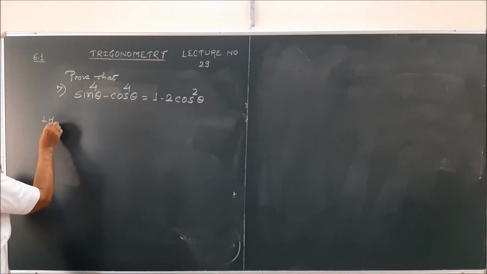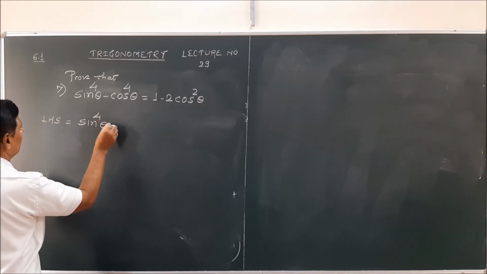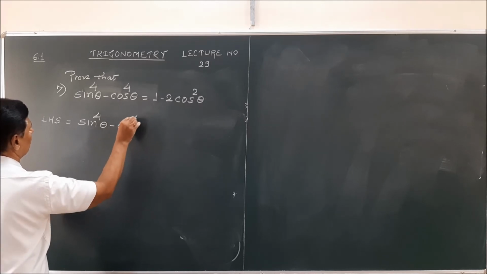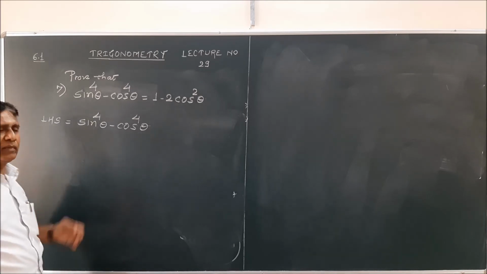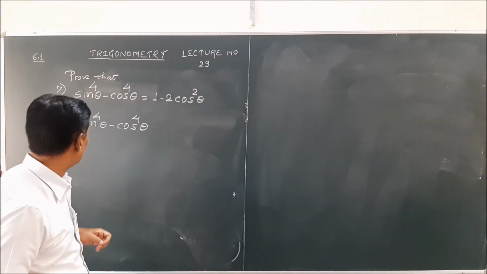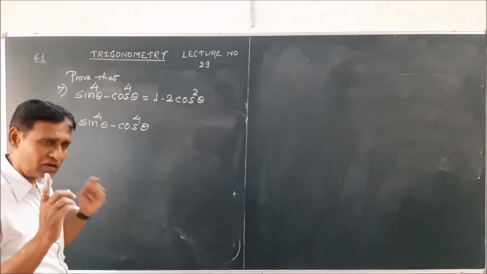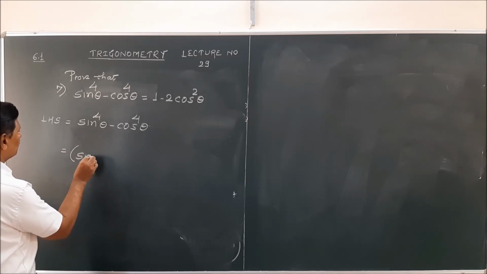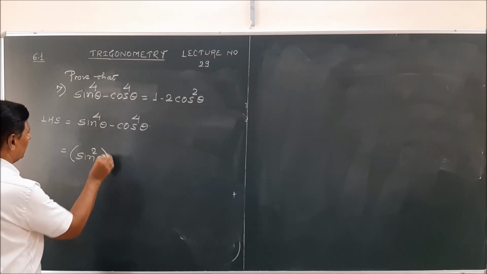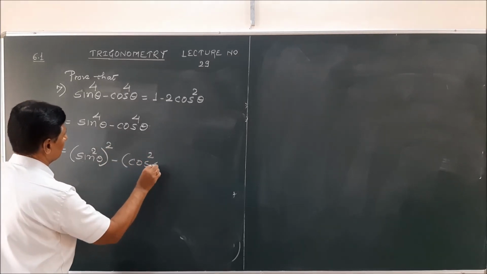LHS is equal to sin raised to 4 theta minus cos raised to 4 theta. These are squares of sin square theta and cos square theta. So I'll write it as sin square theta, the whole square, minus cos square theta, the whole square.